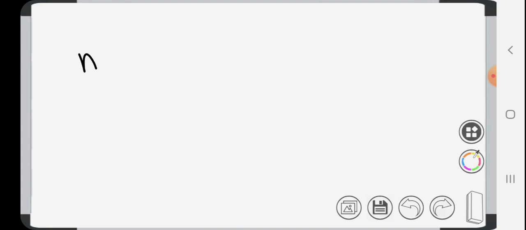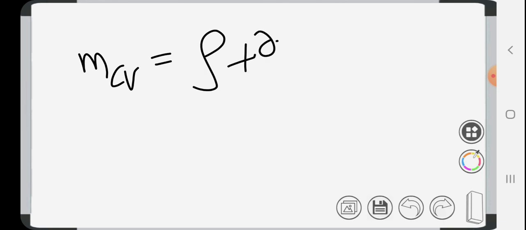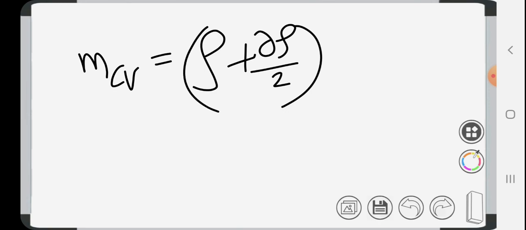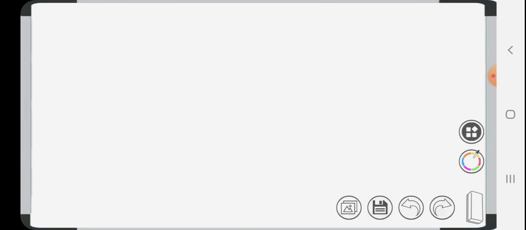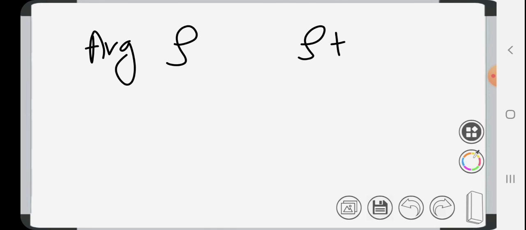So in the case of mCV, because the density is different at entry and exit, we will take the average of the density. Rho is at inlet, rho plus d rho is at exit.